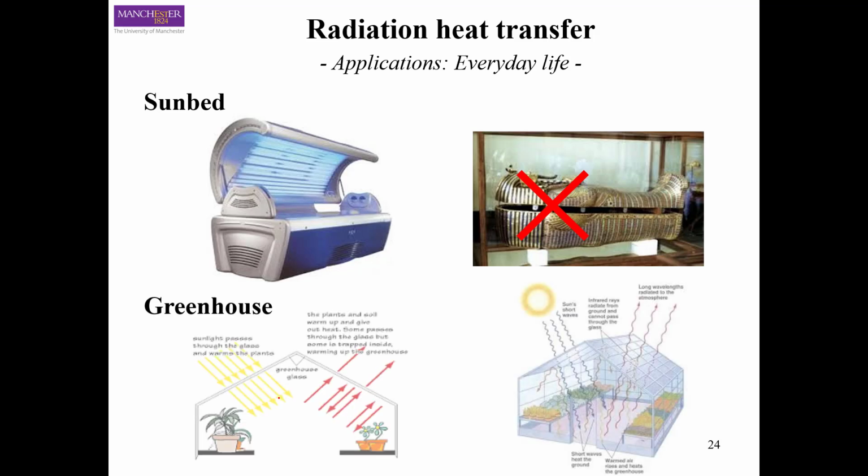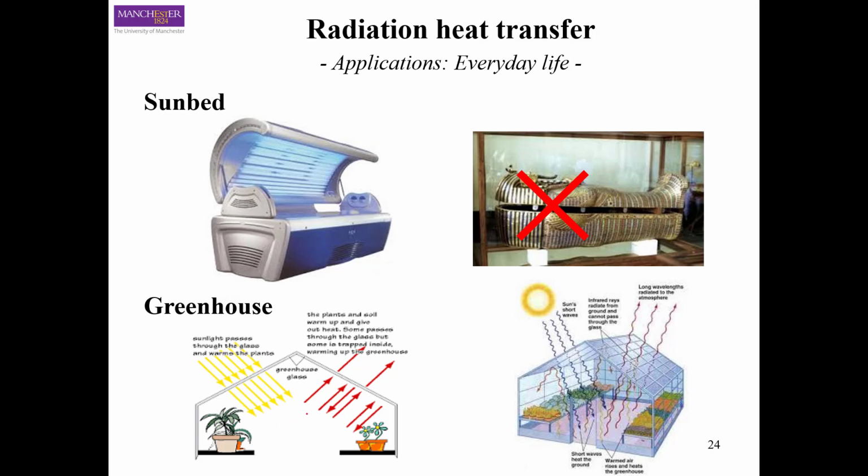The other application, very common in the UK as well, again because there is limited sun, is that a lot of people are using greenhouses. They build greenhouses to grow their plants. The reason is that when the sun's energy, the radiation, enters this greenhouse and hits different objects, their wavelength changes.